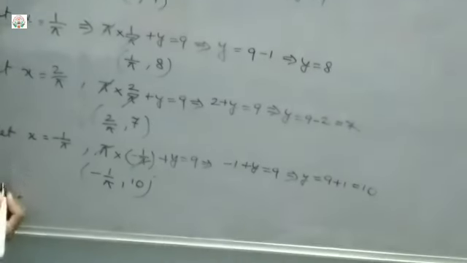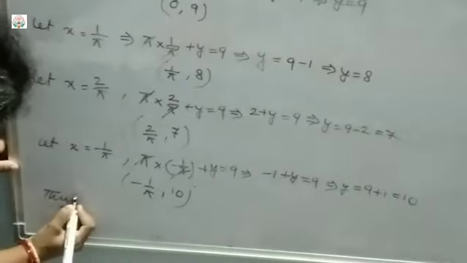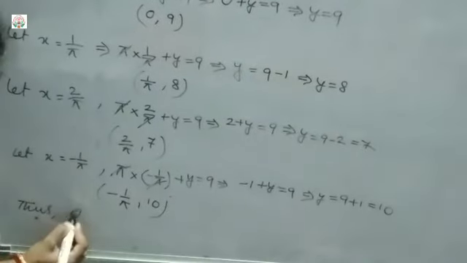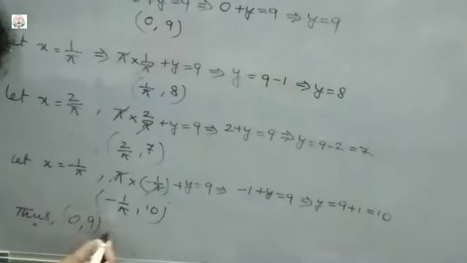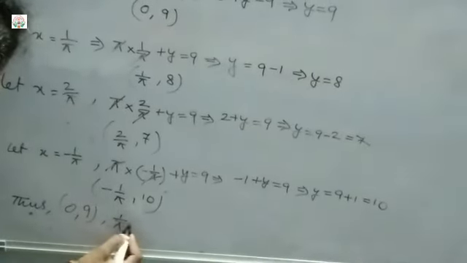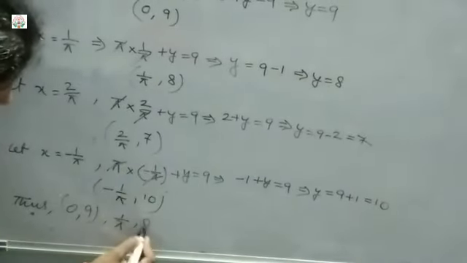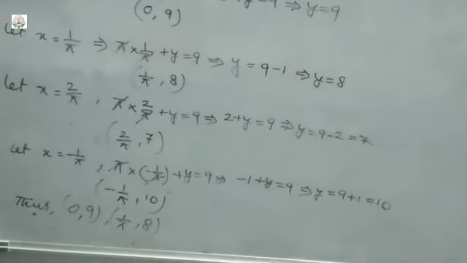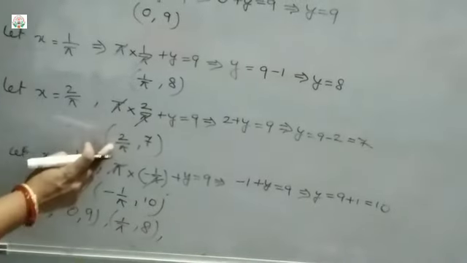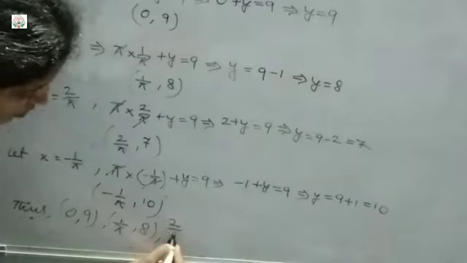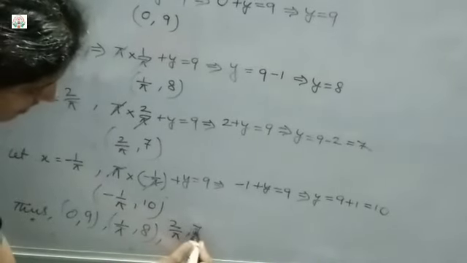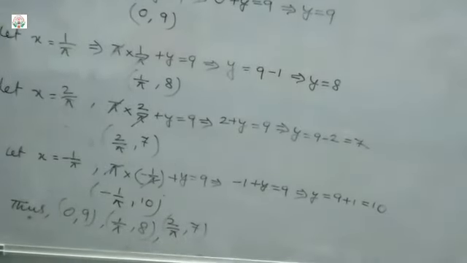So last, you can write thus, what are the solutions? 0, 9. Then what is the second one? 1 upon pi, comma 8. This is the second one. Then what is the third solution? That is 2 upon pi and y value is 7. That is one more.